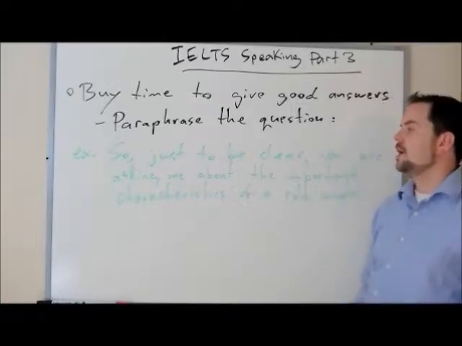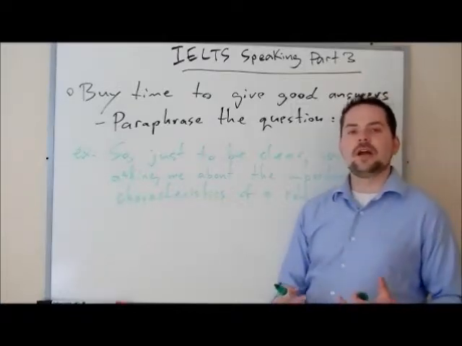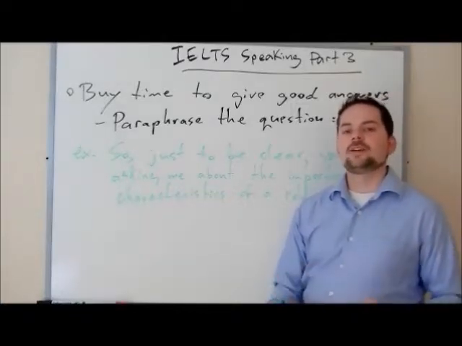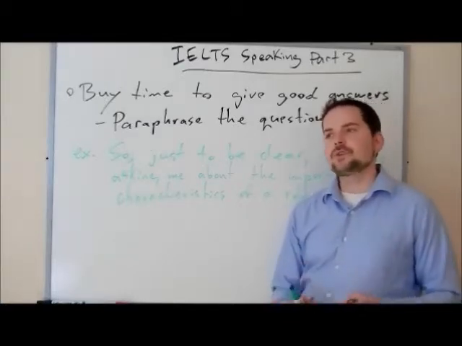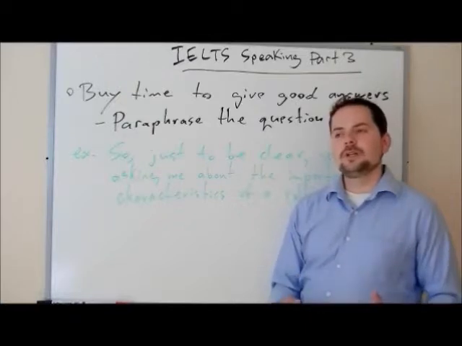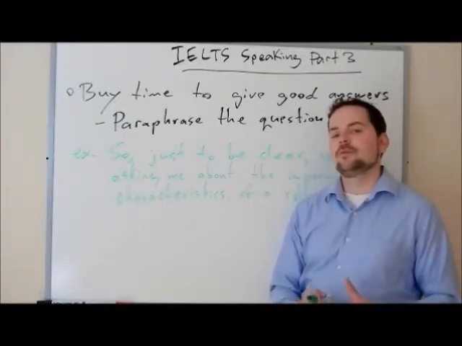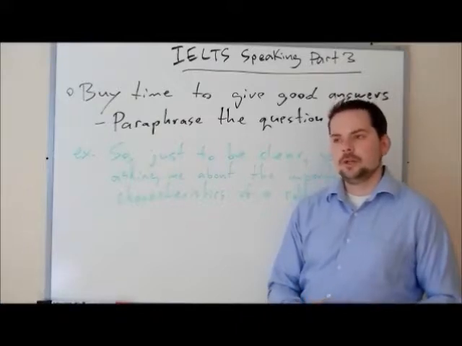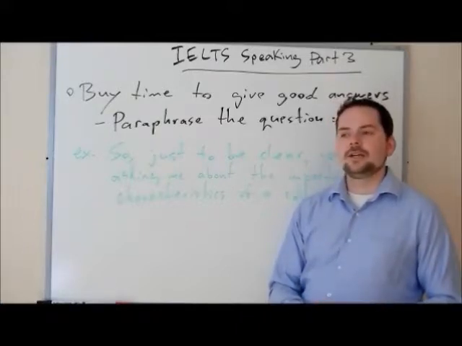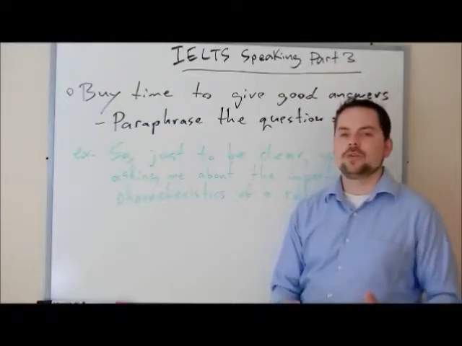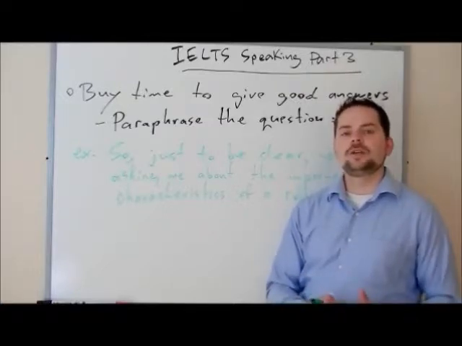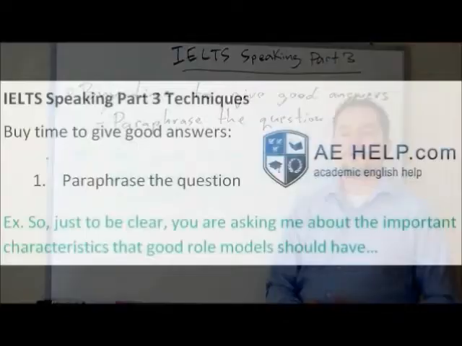For example, the examiner asks me, what are some attributes that a good role model should have? My response, just to be clear, you're asking me about the characteristics that are important for a good role model. Well, I suppose that good role models should be trustworthy, they should be honest, and they should be fair.